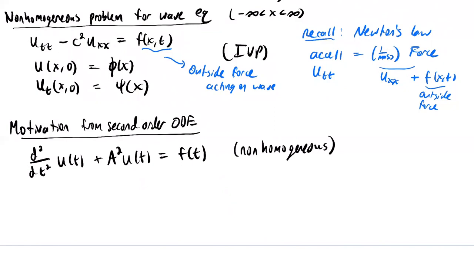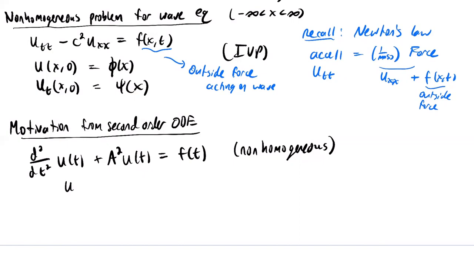So the way you would solve this, if you think back to your ODE class, at least for the homogeneous problem, you would guess some kind of exponential function, which may be a complex exponential. And then you would end up getting some combination of sines and cosines, which would then simplify depending on what your initial conditions are.